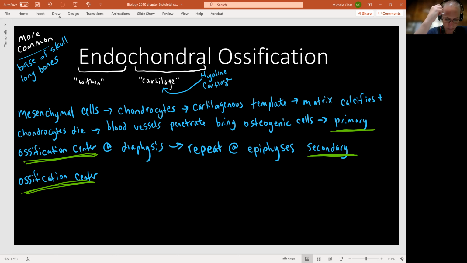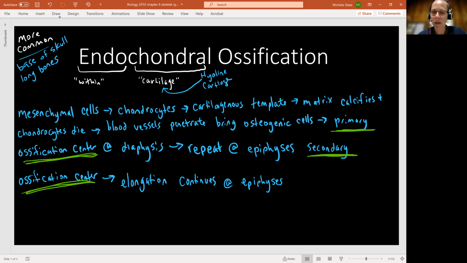And then elongation continues at the epiphyses. The way that we have that is we increase our cartilage and then it's converted to bone. We're going to have a whole video on this elongation, so stay tuned for that.